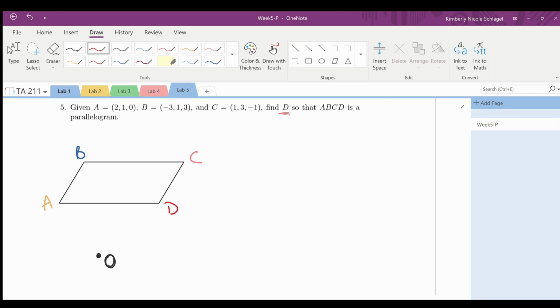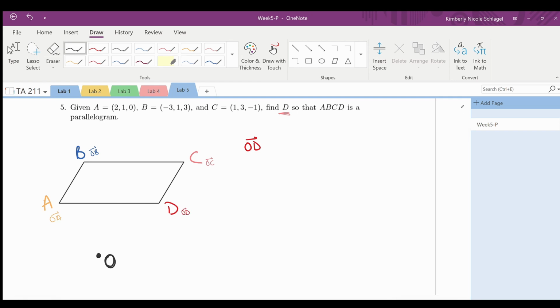So we've already written down what we have. So we have A, in other words, we have OA. We have B, in other words, we have OB. And we have OC. And what do we want? Well, we want to have OD. Okay, so we want to figure out what our OD is.